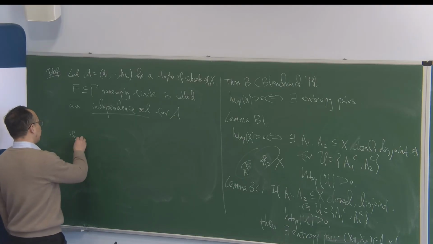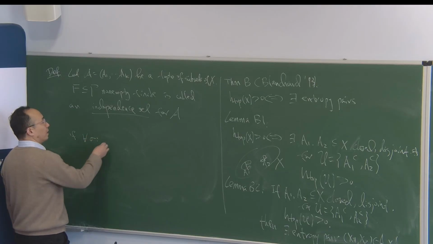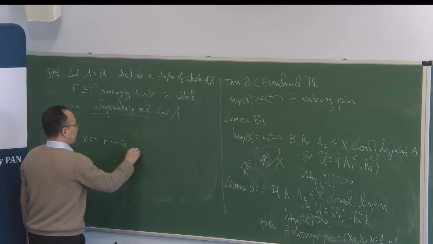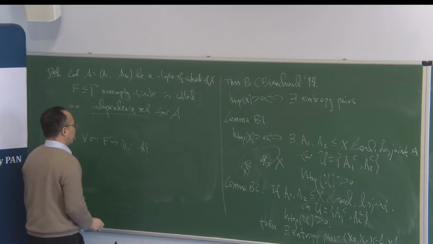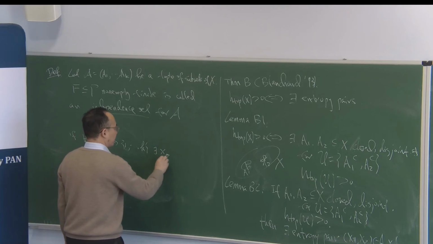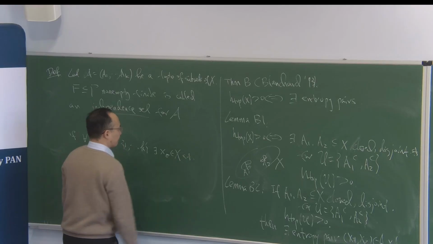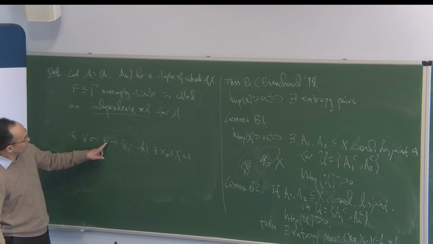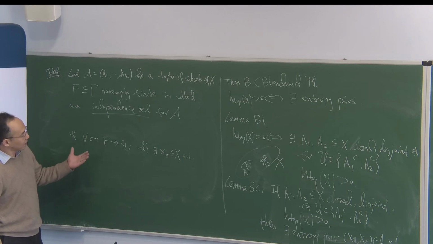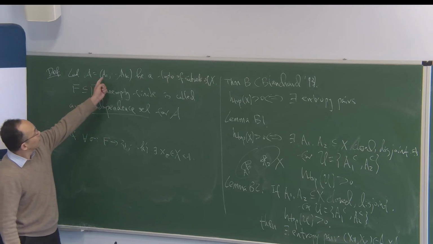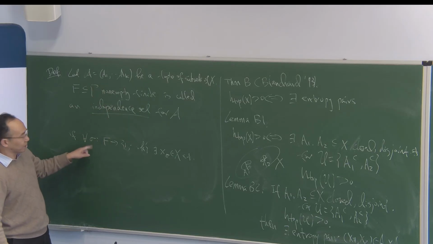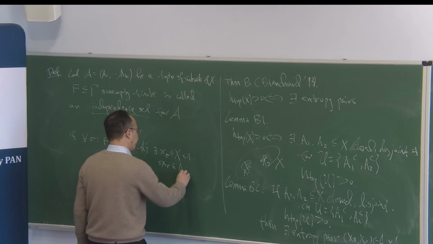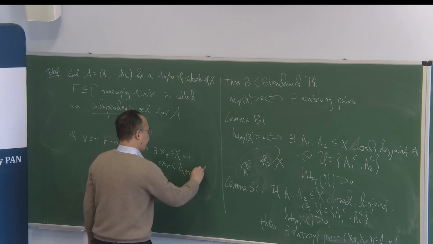For any sigma from F to 1 to K, there is a point x such that under the action of the group elements in F, it will go to one of these sets as we specify using this sigma. So s x will be contained in A sigma(s) for every s in F.